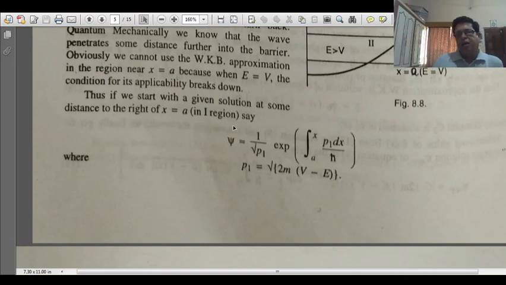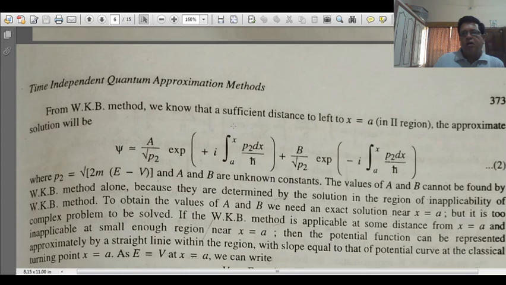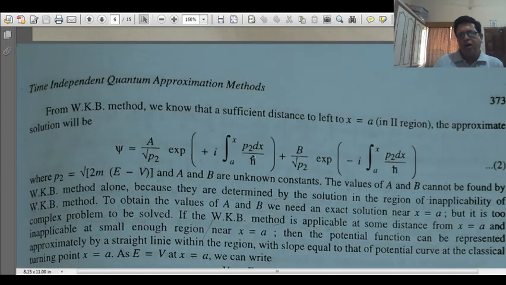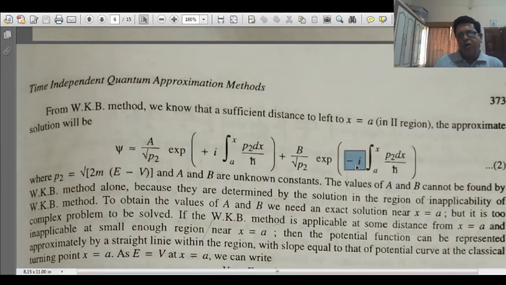But in the second region, to the left of x equal to a, the solution is given by a superposition of two terms, exponential plus iota and minus iota. Psi equal to A upon under root p2 exponential plus iota integral a to x p2 dx upon h cut plus B upon under root p2 exponential minus iota integral a to x p2 dx upon h cut, where p2 equal to under root 2m(E minus V).